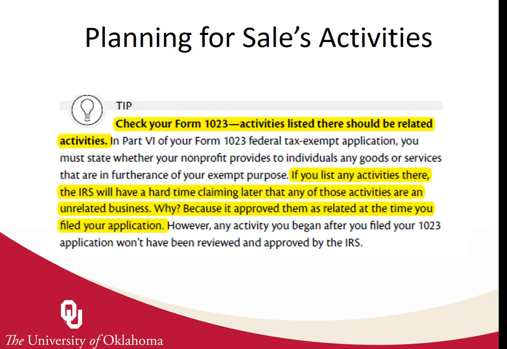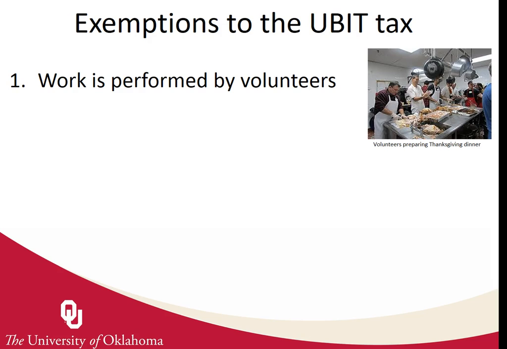So if you list the activity, then the IRS will have a hard time claiming later that those activities are not part of the business and are unrelated. The IRS would have to object to those activities when you applied for the tax-free status. So by planning ahead, you can anticipate certain activities, put them within your Form 1023, and the IRS would have a hard time objecting to them later.